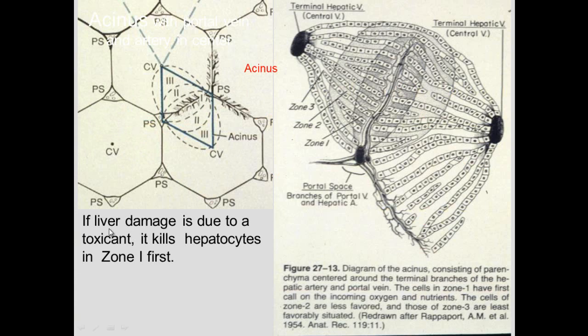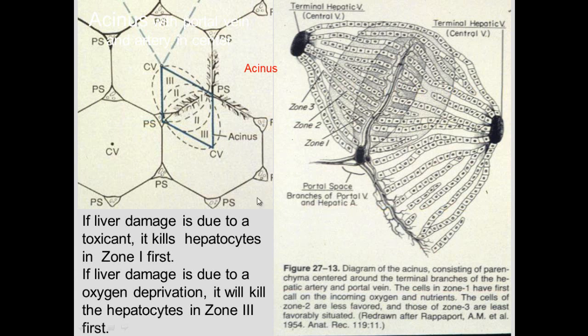If you have liver damage due to a toxin, it will kill the cells in zone 1 first. And it would remove the toxin from it, so these cells are spared. However, if you have some kind of toxicant that will use up oxygen, these cells in zone 3 are already deprived of oxygen, so the toxin would kill these cells first.